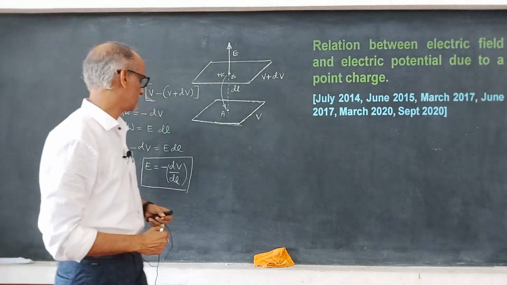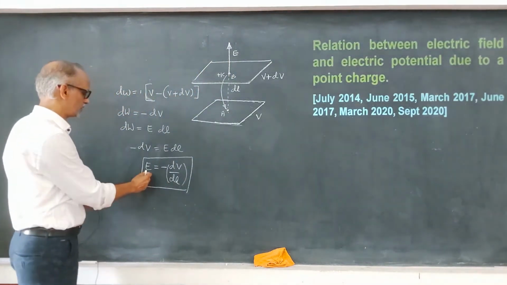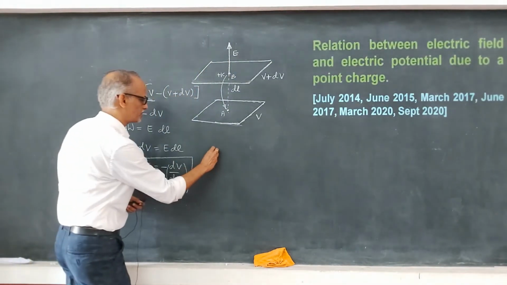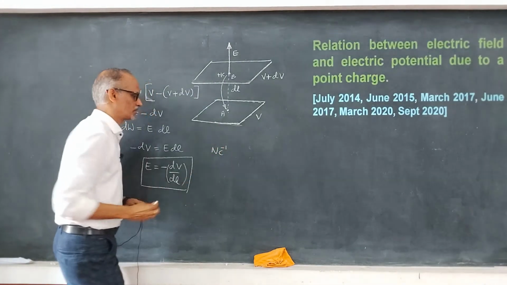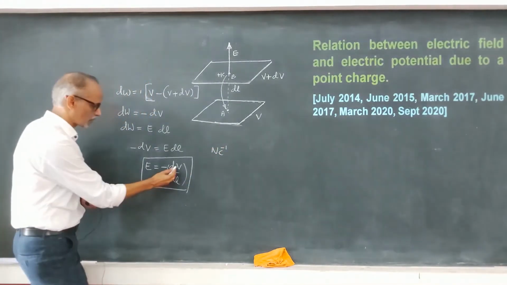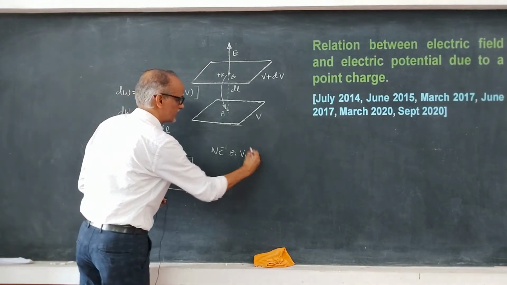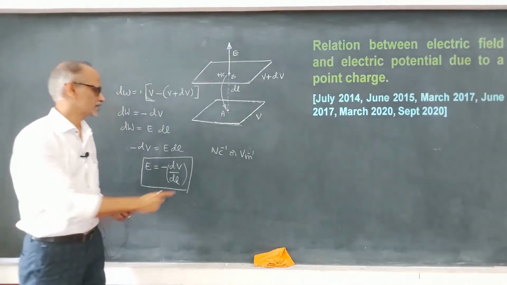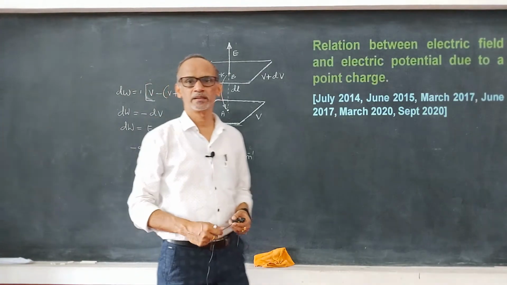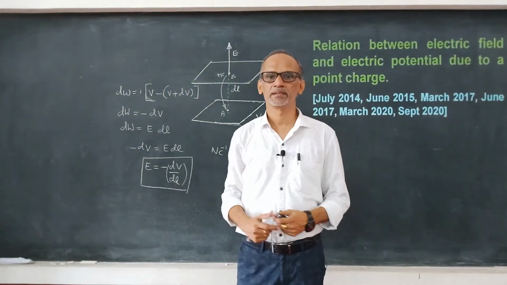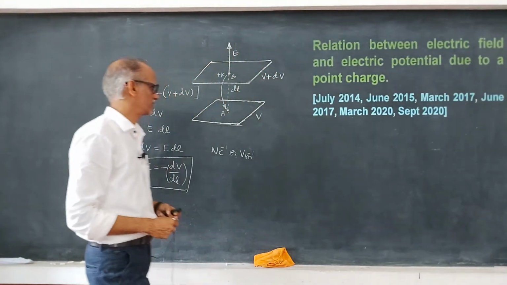Based on this, we can write one of the units of electric field. One unit is Newton per coulomb, which we already know. The other unit is volt per meter. So electric field has two units, Newton per coulomb and volt per meter.